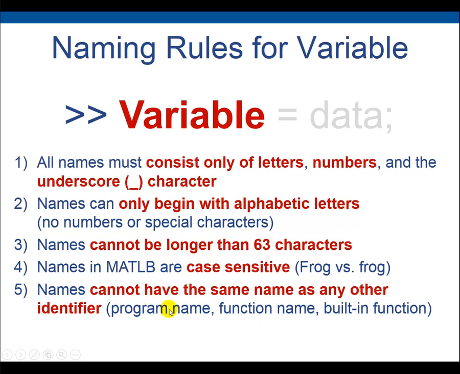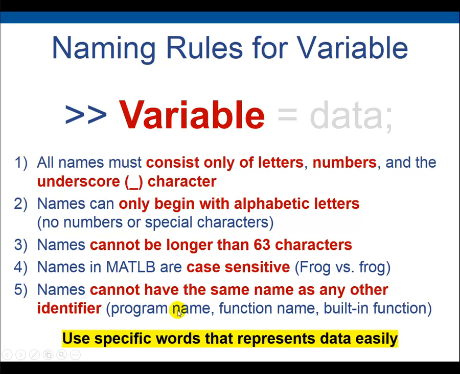Okay, so that's it. And one thing that I want to emphasize is that if you write thousands of lines of programming code, then you can easily forget where a variable is and what the variable's name was.